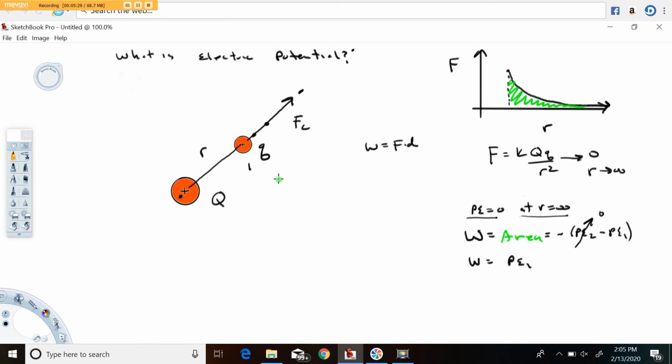What we call the electric potential, which is represented by this capital letter V, is that potential energy per unit charge. And this is a property of the space around this charge.